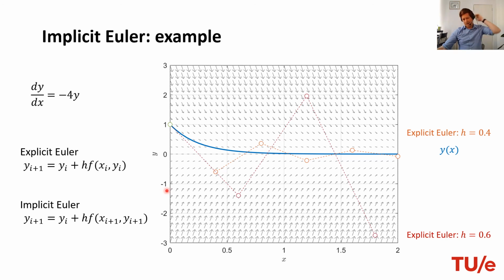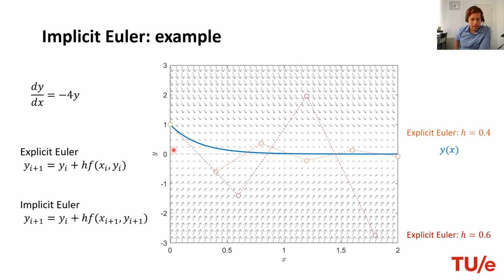Let's now look at a graphical example of implicit Euler for this problematic case where explicit Euler seemed to run into problems whenever we took h to be larger than a certain threshold. For h is 0.4, we got an oscillatory solution, but at least it seemed to converge to the same asymptote. For h is 0.6, the solution seemed to actually blow up.